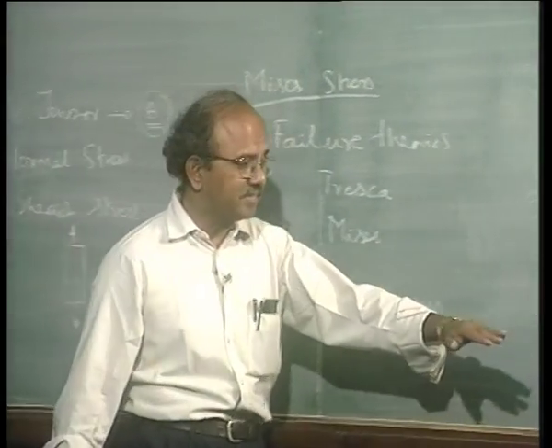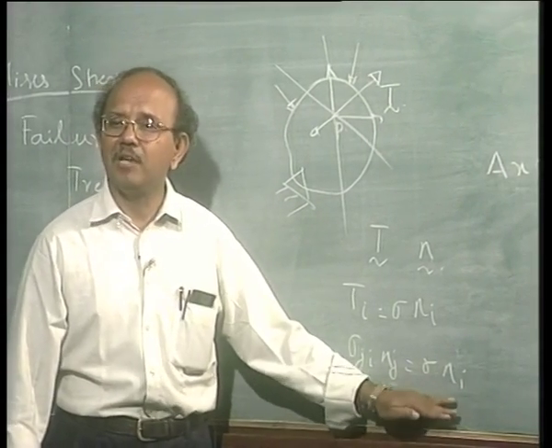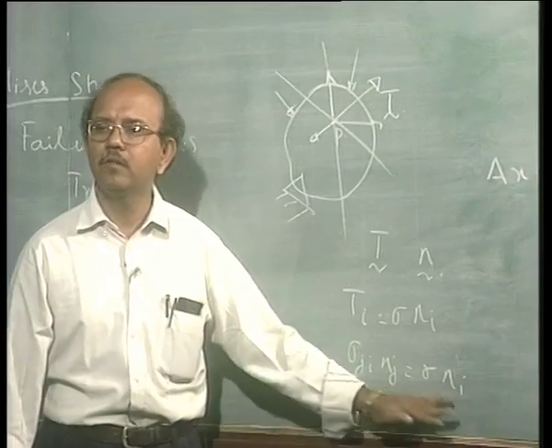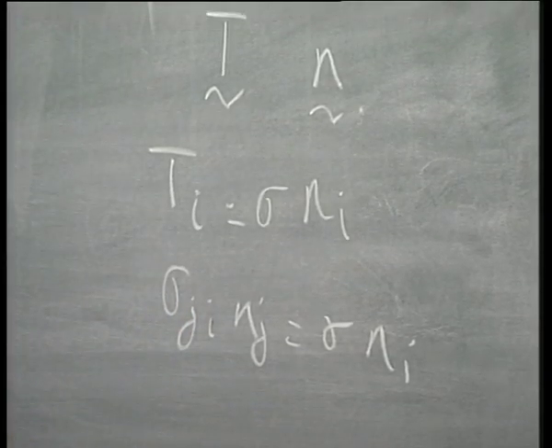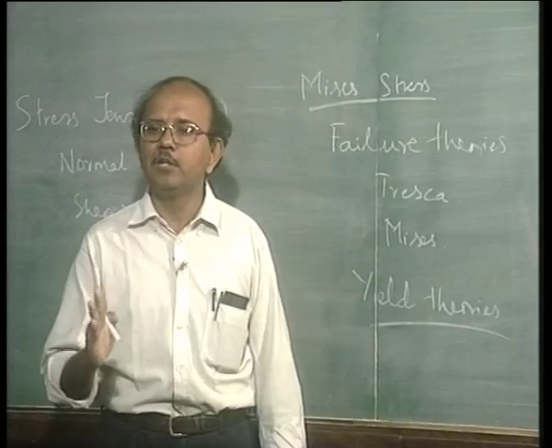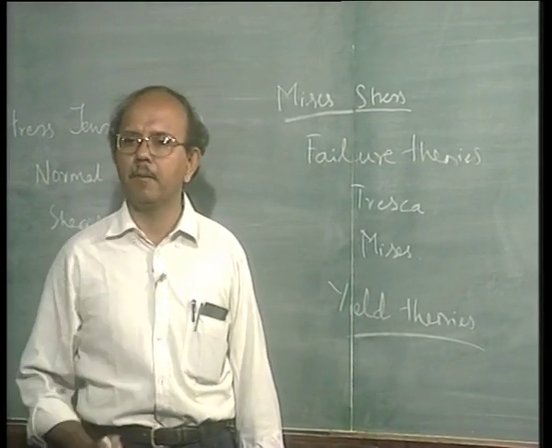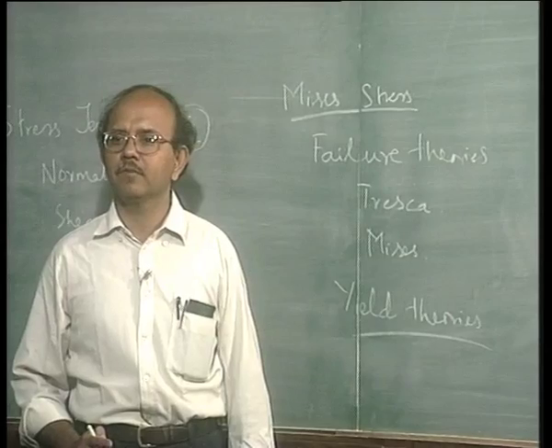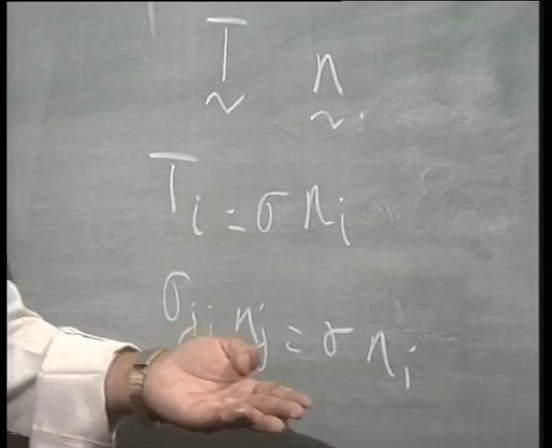So, what is this? This is nothing but an eigenvalue problem of this sigma, or in other words, principal stresses are nothing but the eigenvalues of this stress tensor sigma.